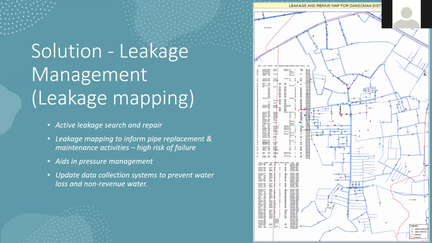The pipe network is symbolized with the blue lines. The red dots usually show the leakages, and the green ones show leakages that have been repaired. So we have pending ones and those that have been repaired.